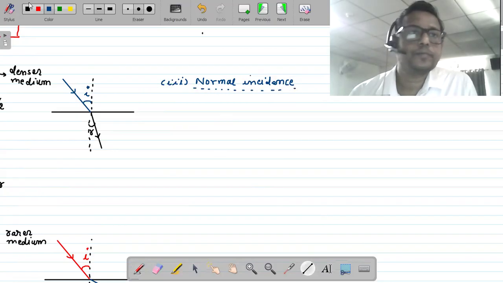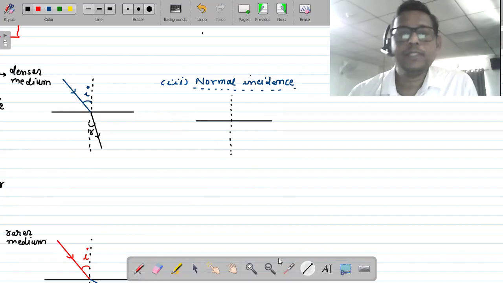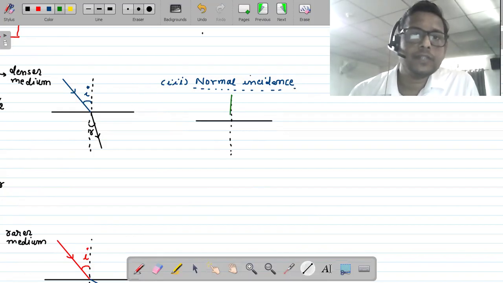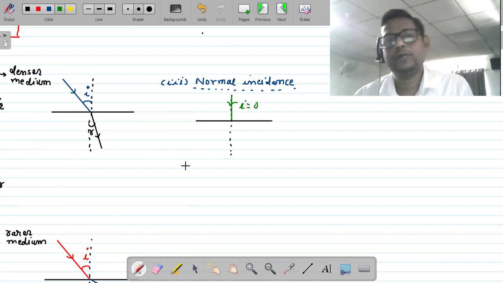So this is an interface and this is the normal. Normal incidence means the incident ray comes like this and falls on the interface at the point of incidence. So in this case, you can see that I is equal to 0.